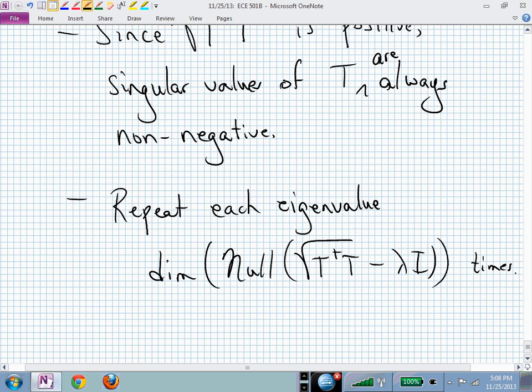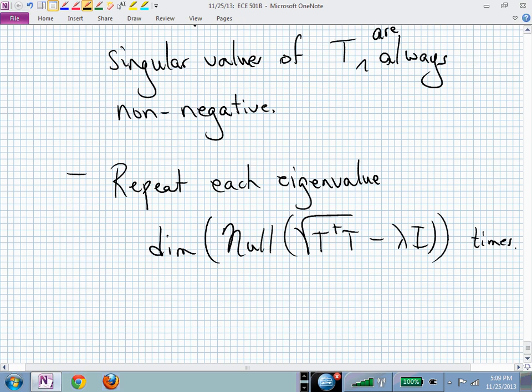If we have an eigenvalue of the positive square root of t dagger t that's equal to 2, and we look at the dimension of the null space of the positive square root of t dagger t minus 2I, and we see that it's 3, then we know we actually have 3 singular values at 2 for the original operator t.